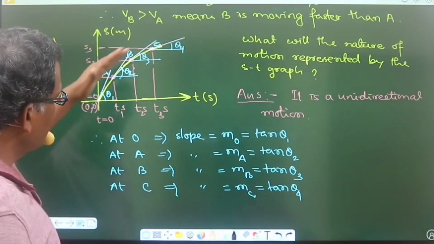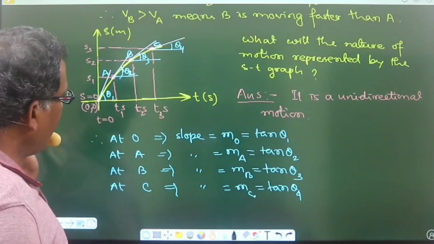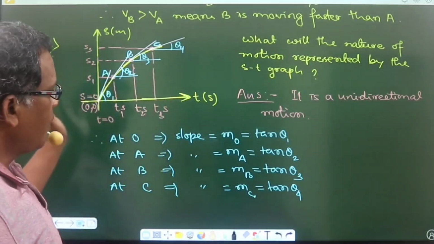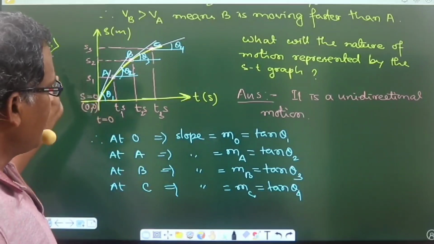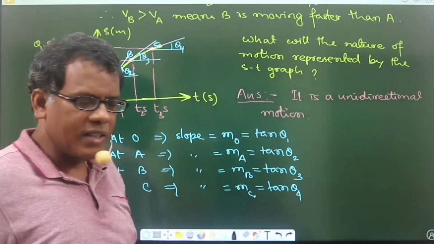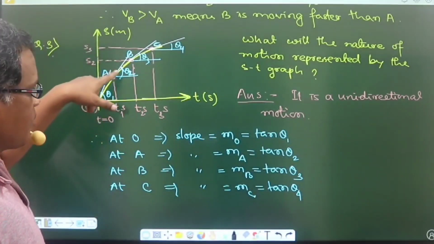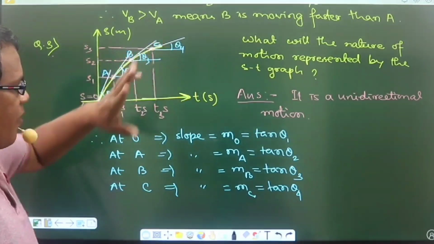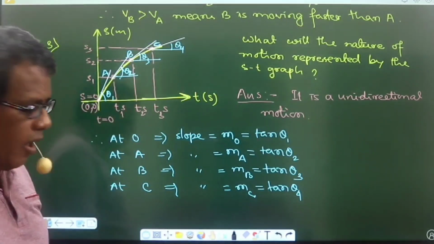As this particular curve moves from one position to another for increasing time, we can see continuously the slope values are decreasing. You can check it out. Tan theta 1 is more than tan theta 2, which is further more than tan theta 3, and finally more than tan theta 4.